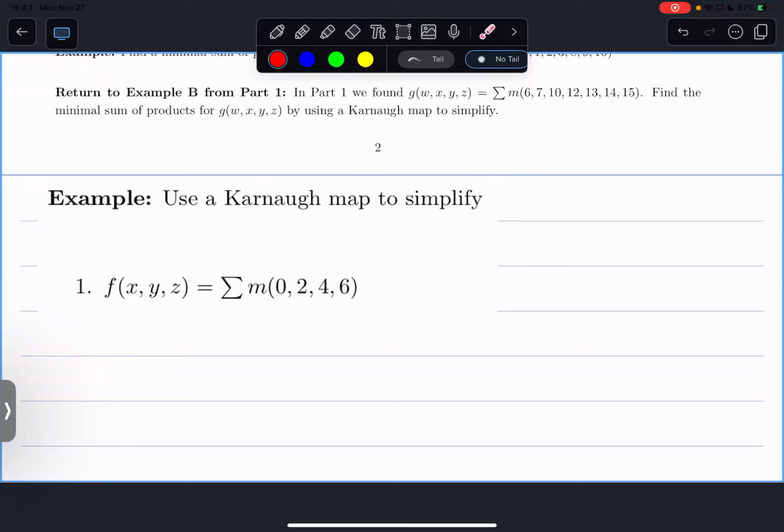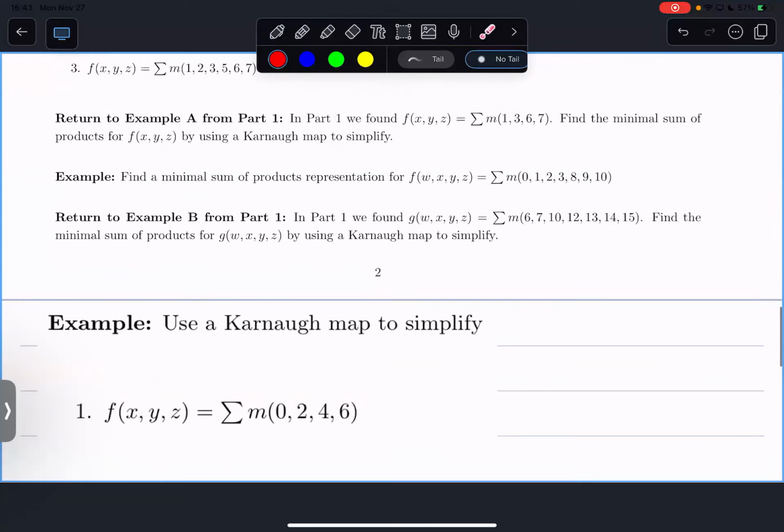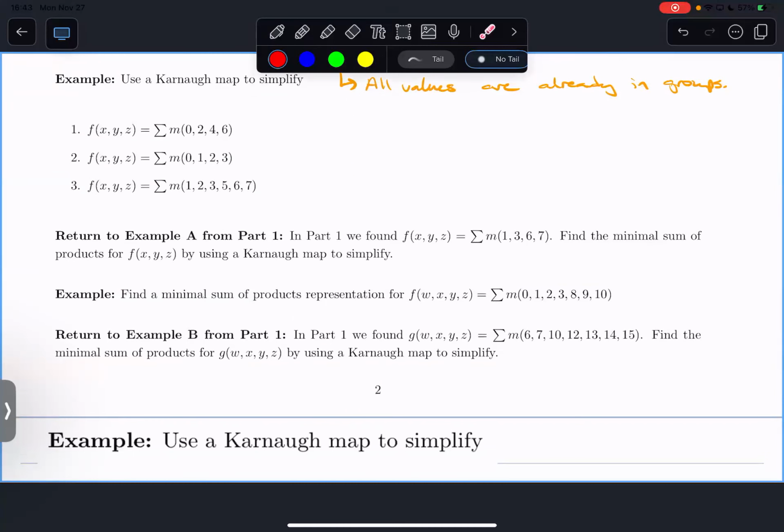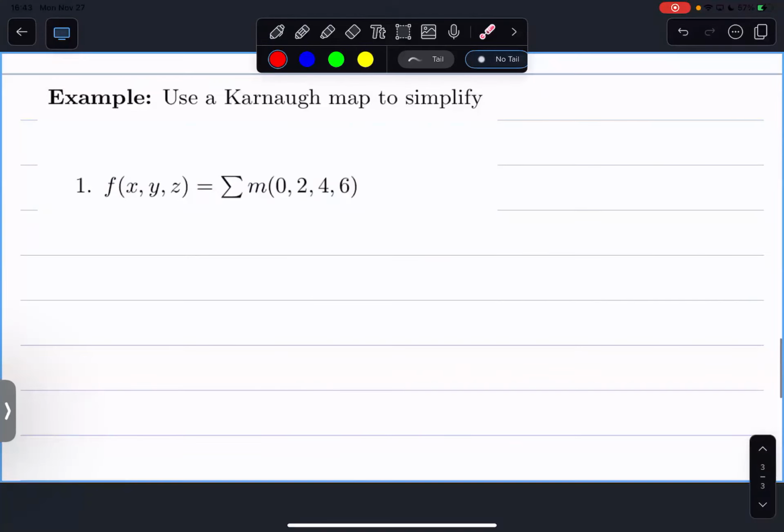Okay. So we're gonna use a Karnaugh map to simplify this thing. And we're gonna keep doing it for all these examples, and then you're done. So let's see. Start off, warm up a little bit.